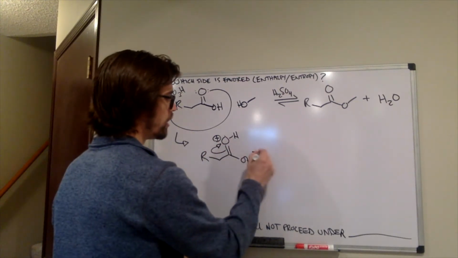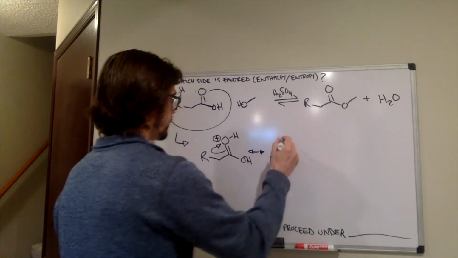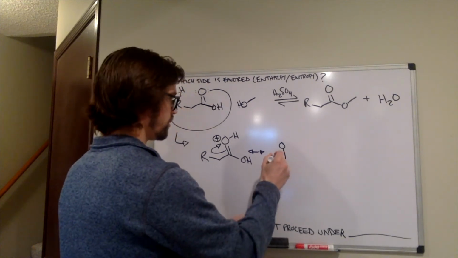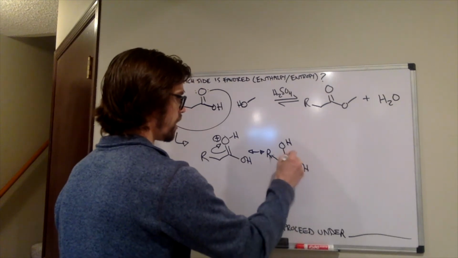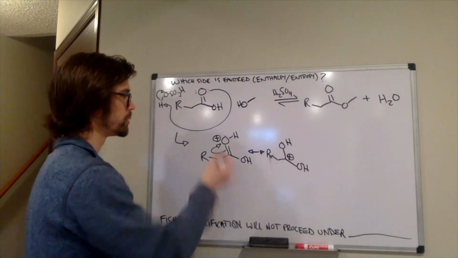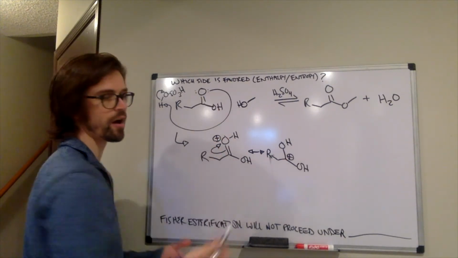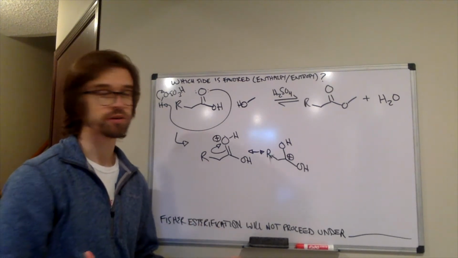We can draw a resonance structure where we pull those electrons up, making that carbon bear a full positive charge. We can do the same thing here, but if we did it up there, then that oxygen would have a negative charge. And here, it's neutral, and we know that oxygen would want to be neutral.